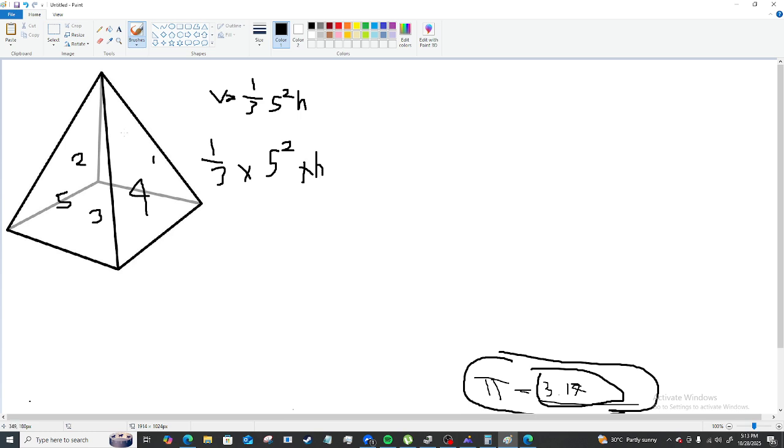Times height. Let's go find the height. The height of this is 3 centimeters.